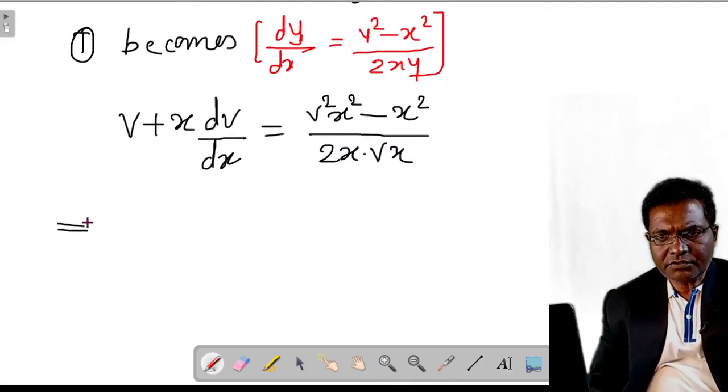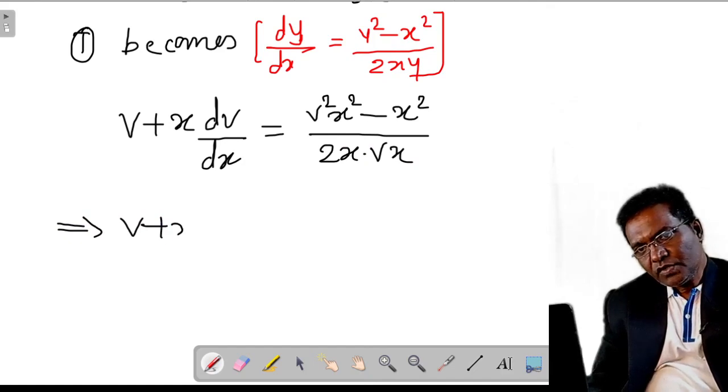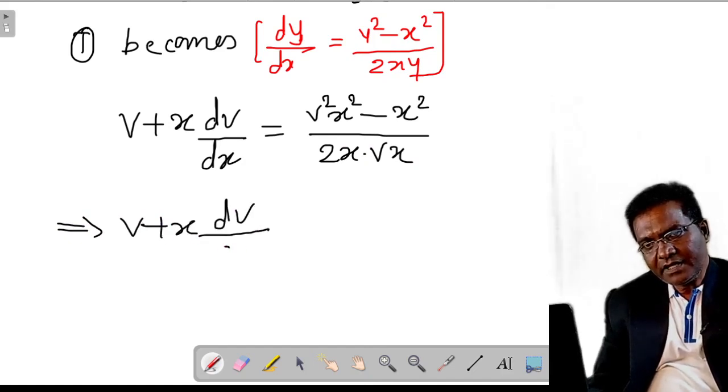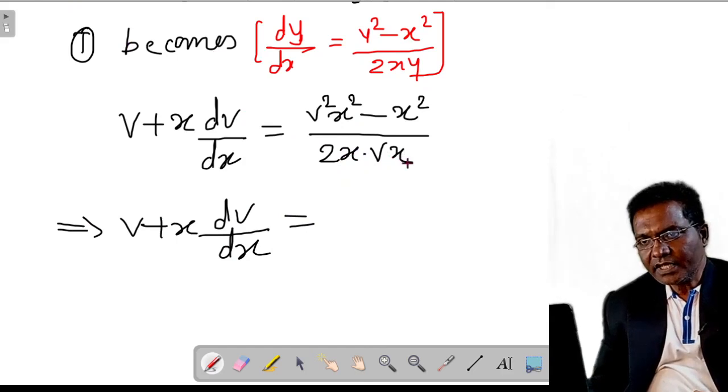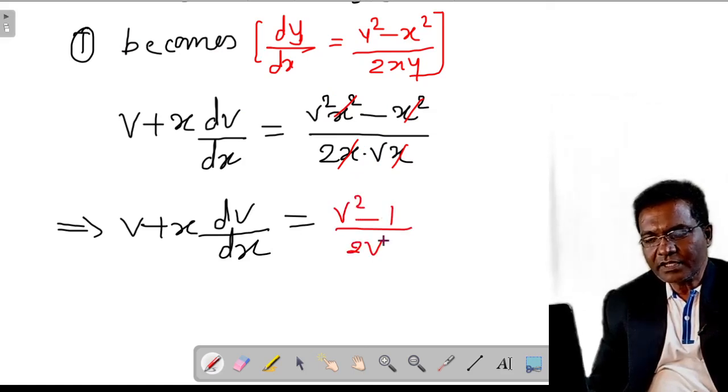Okay, so this gives you v plus x dv by dx equals to, if you take x square common, so that x square cancels with this x square. Okay, so here x into x, x square. So this x square cancels with this x square. So you're left with v square minus 1 by 2v. Remember this.